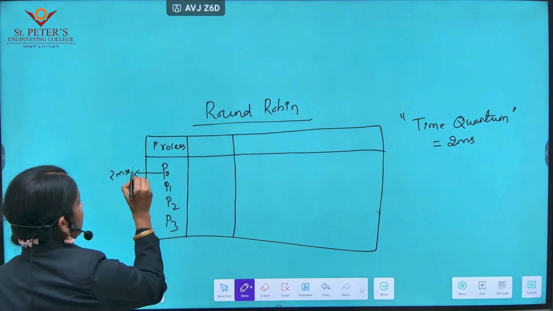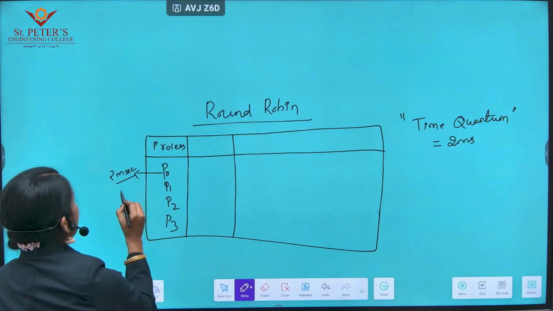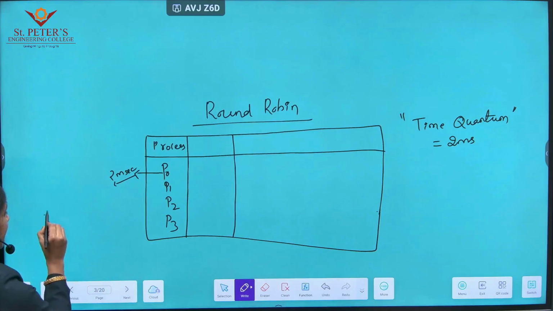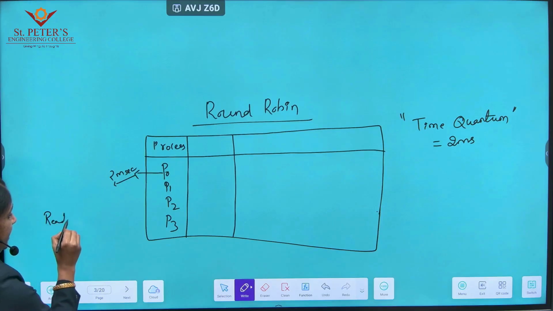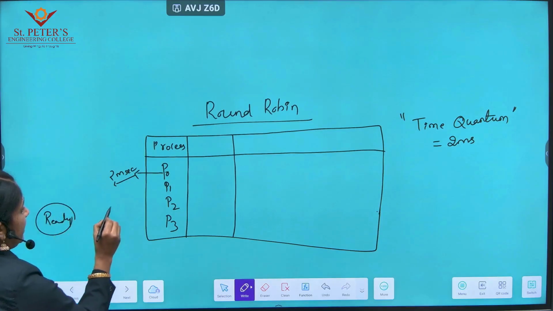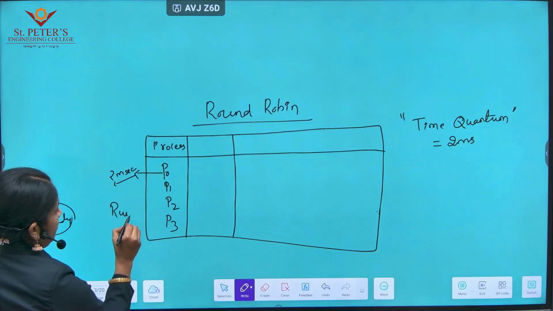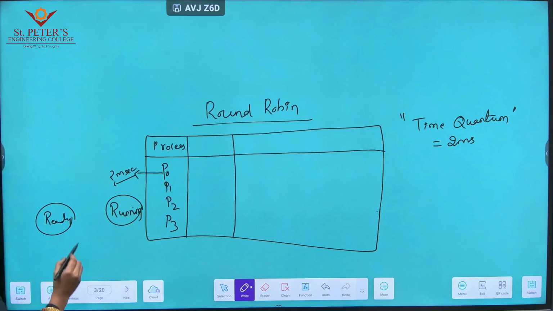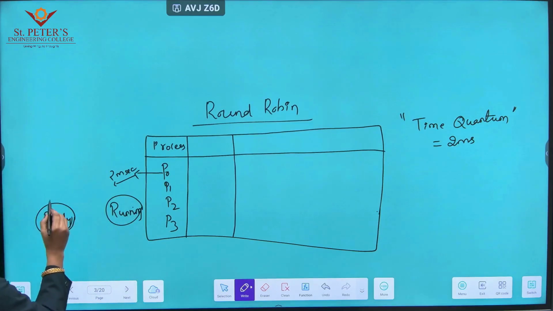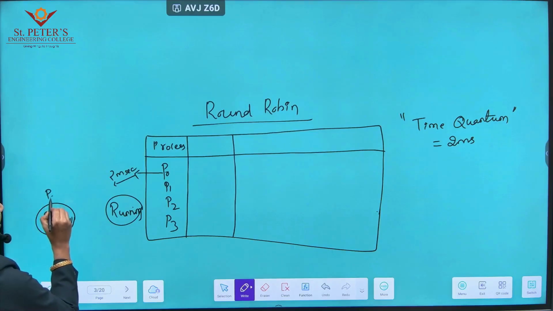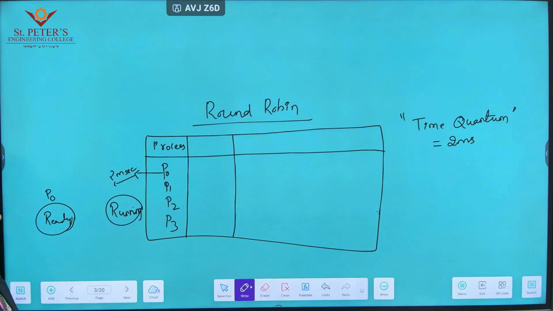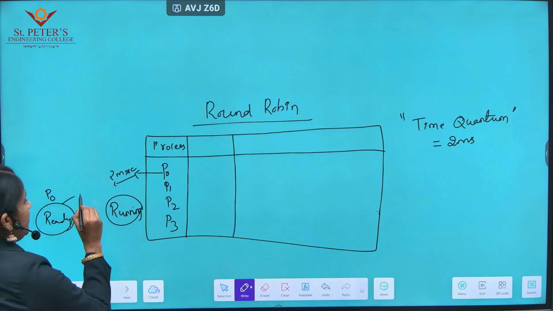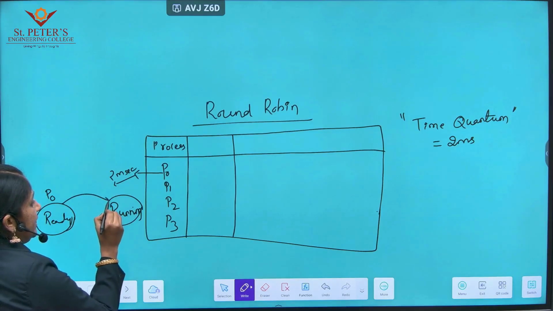What is happening in round robin is that we take two queues, ready and running. First, P0 will come into the ready queue and it will be assigned to the running queue.